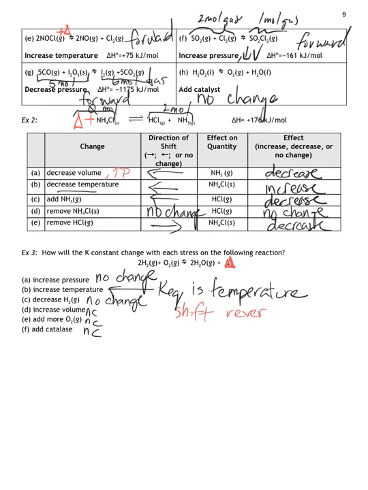reverse. If you're shifting reverse, according to the KEQ, which is products over reactants, that means you're making more reactants, and of course you're losing products.